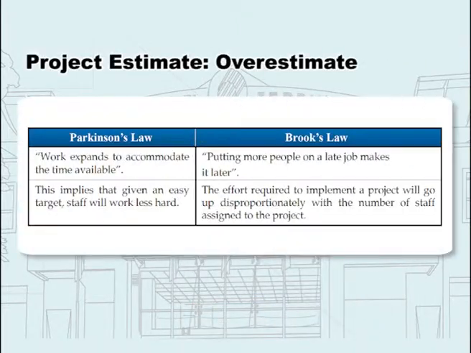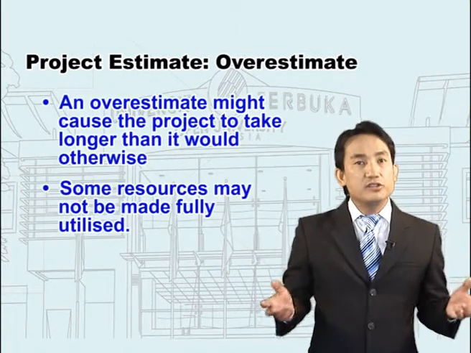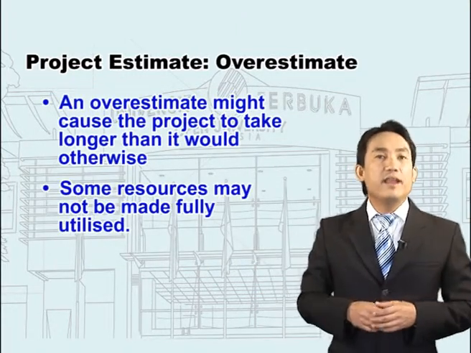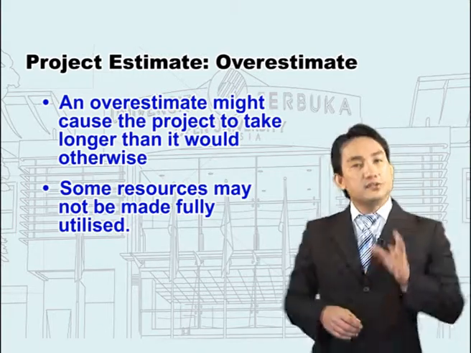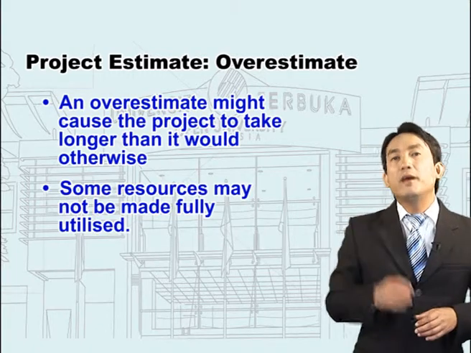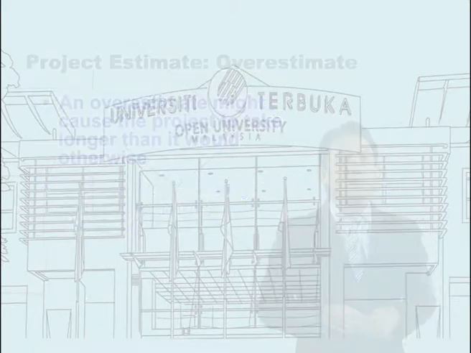As you can see, Parkinson's and Brooks' law explain why overestimate should not be done. It makes resources work less hard if the project is to be done longer than it should. Also, some resources may not be made fully utilized.